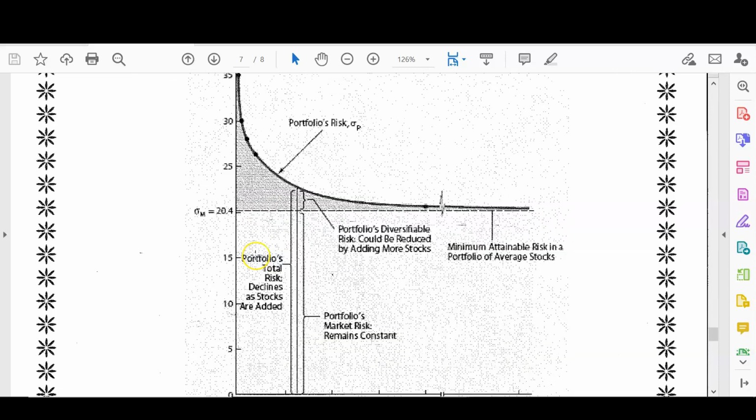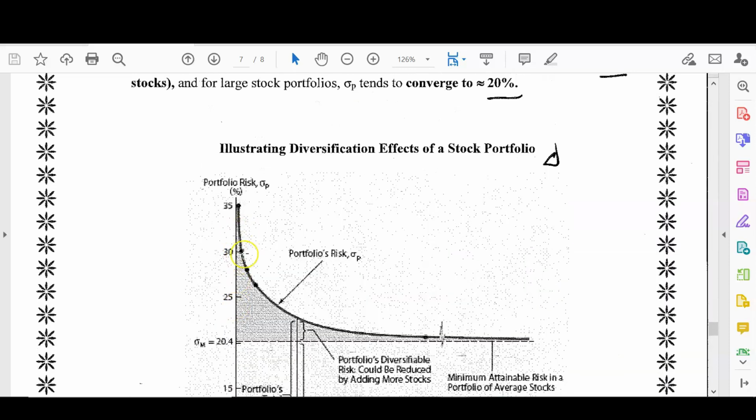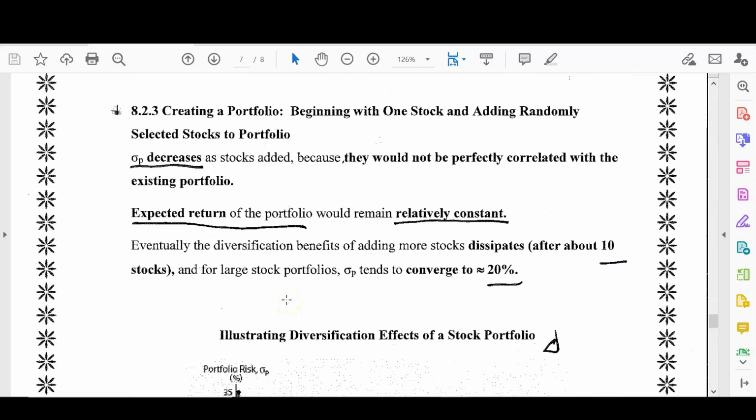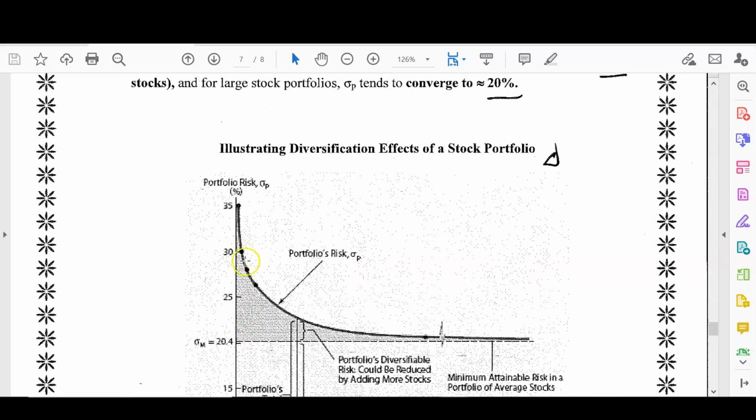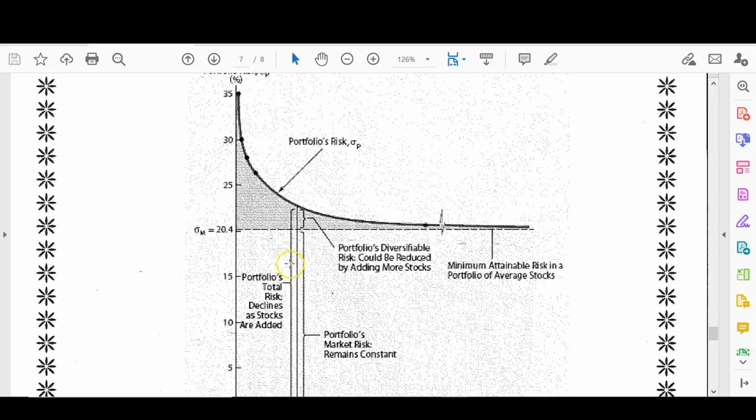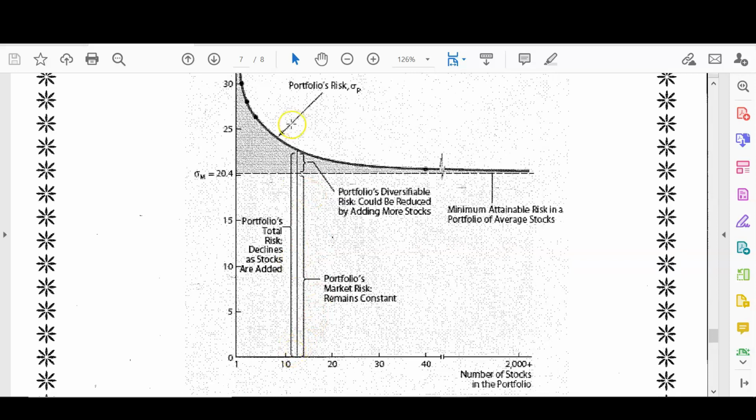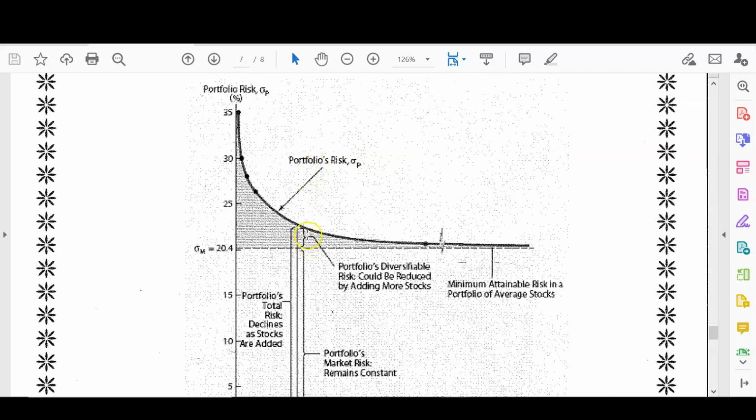When we add a stock, so we have two stocks in the portfolio, the standard deviation typically goes down to around 30%. Then as we add more and more, the risk goes down and down until we reach 10 stocks. After 10 stocks, whenever we add a new stock, the decrease in portfolio risk becomes smaller and smaller.